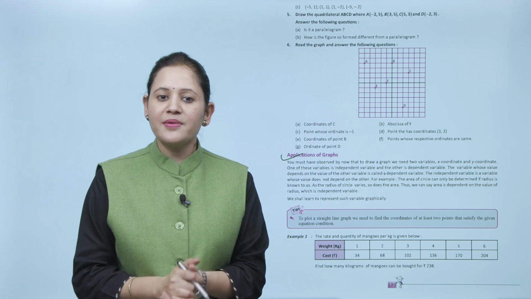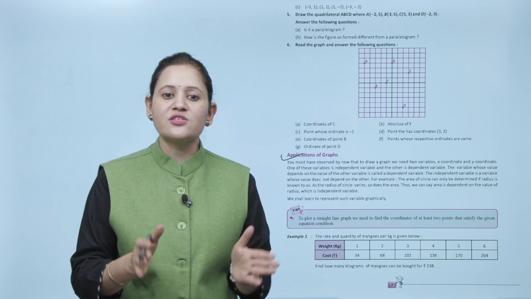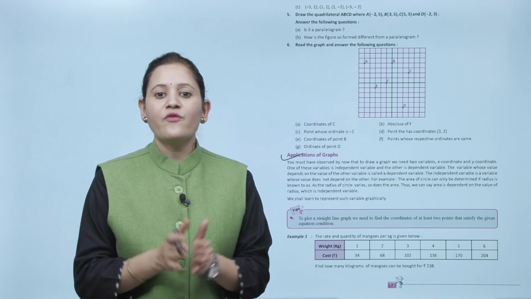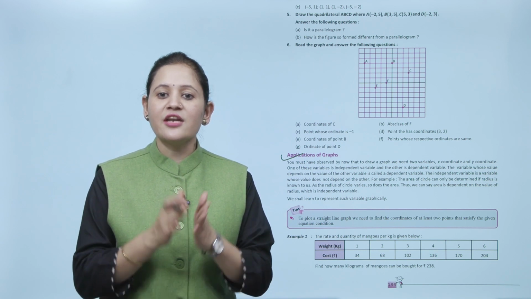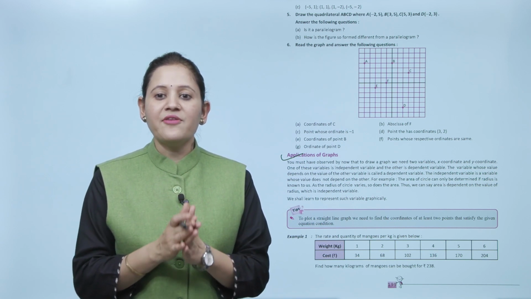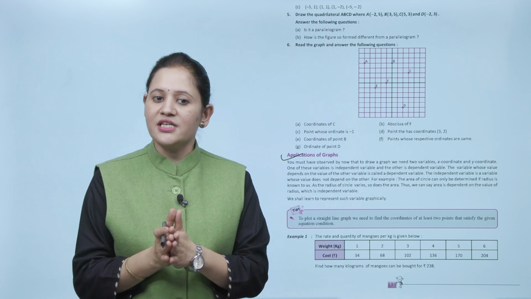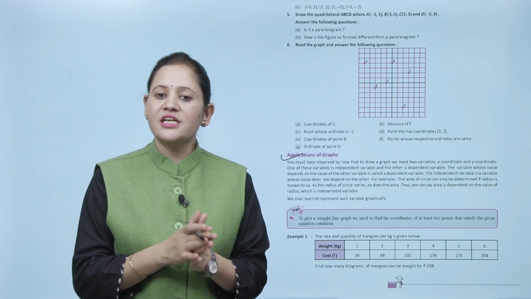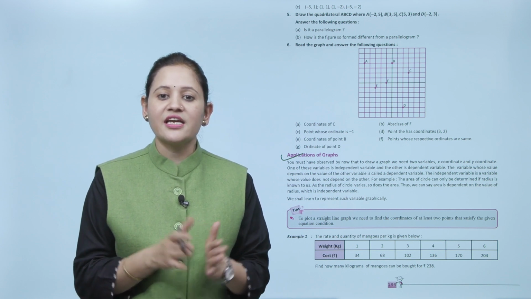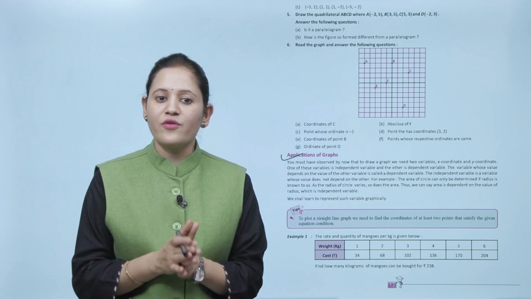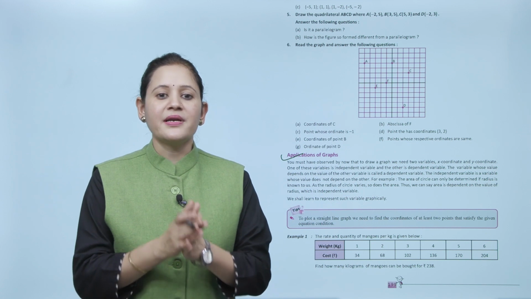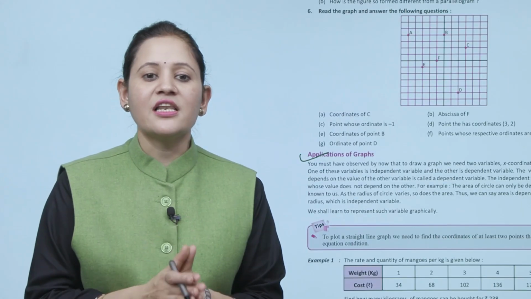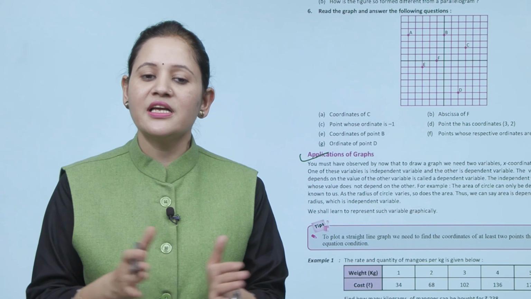The independent variable is the variable whose value does not depend on the other. For example, the area of a circle can only be determined if the radius is known to us. As the radius of a circle varies, so does the area. Thus, we can say the area is dependent on the radius, which is the independent variable. We shall learn to represent such variables graphically.